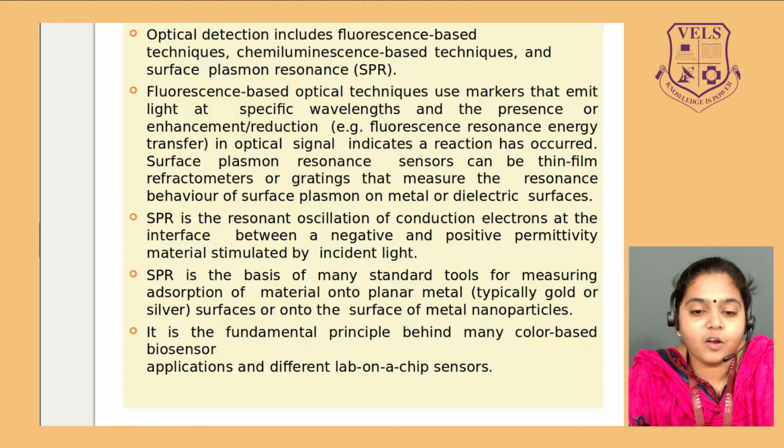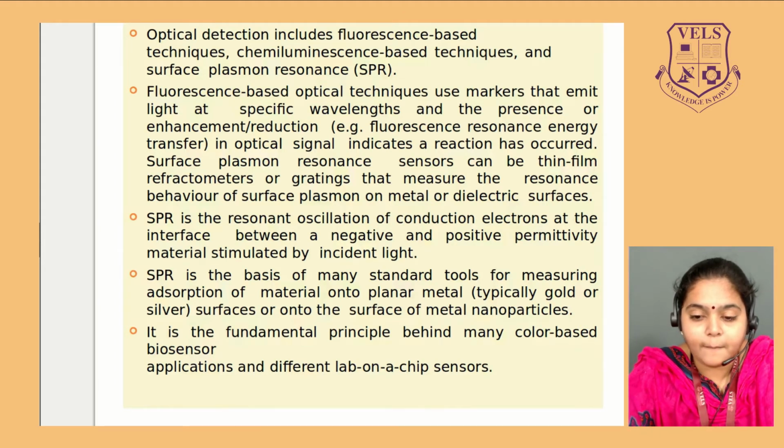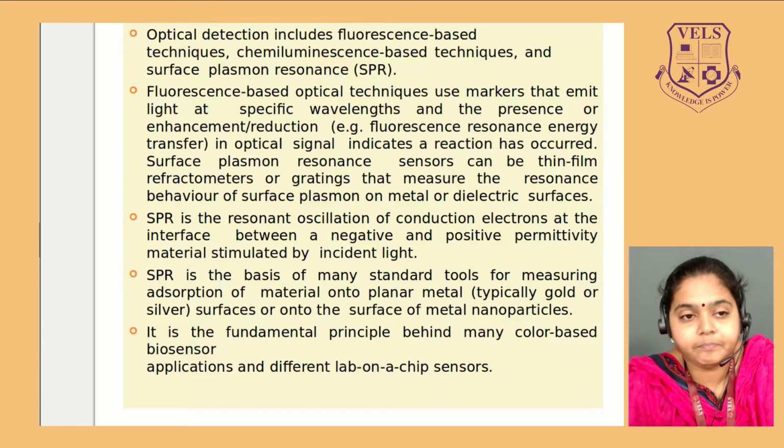SPR is the resonant oscillation of conduction electrons at the interface between a negative and positive permittivity material stimulated by incident light. SPR is the basis of many standard tools for measuring adsorption of material onto planar metal surfaces or onto the surface of metal nanoparticles.